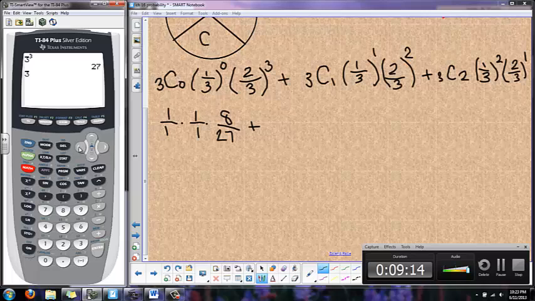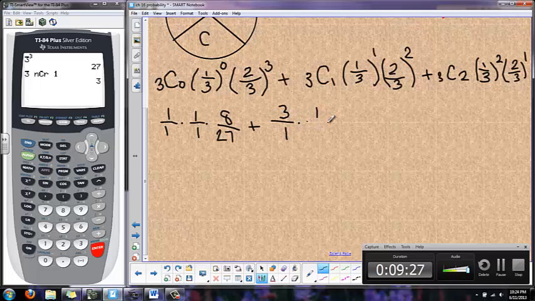I'm pretty sure that is a 3. 3 choose 1 is 3. 1/3 to the 1st power is 1/3. 2 squared is 8. 3 squared is 27. No, 3 squared is 9. Losing my mind yet again. I'm sorry.